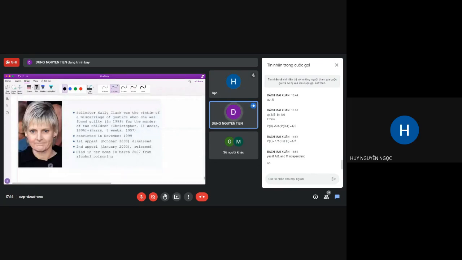After the second appeal, she was released in 2003. What happened? Actually, in 2001, the Royal Statistical Society issued a press release that summed up the two major flaws in the doctor's argument. So what did it specify in the case of Sally Clark?